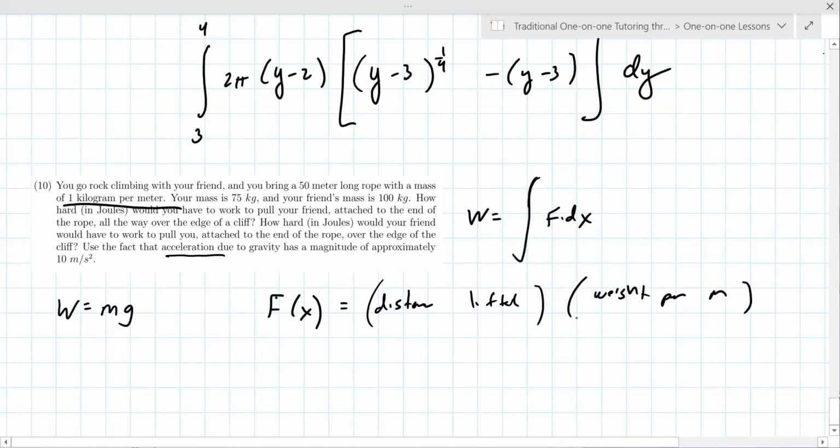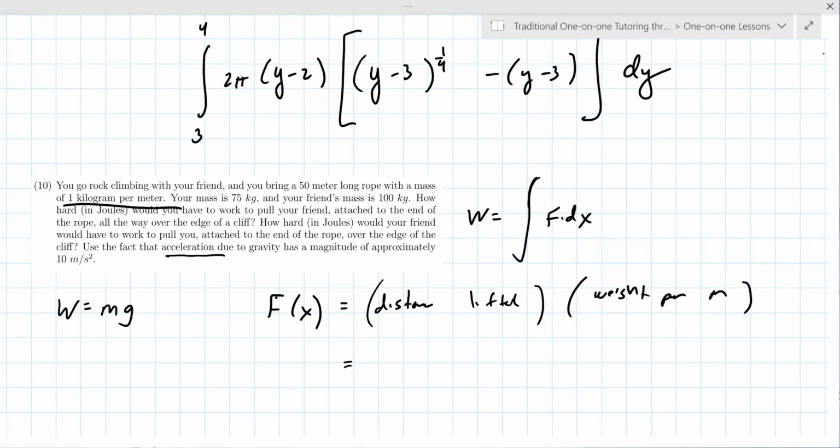Okay, so the distance here is... why is there a 2 in this problem? Zero, it's 20 feet below.